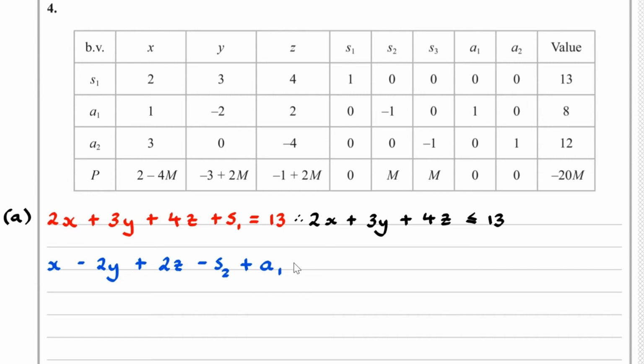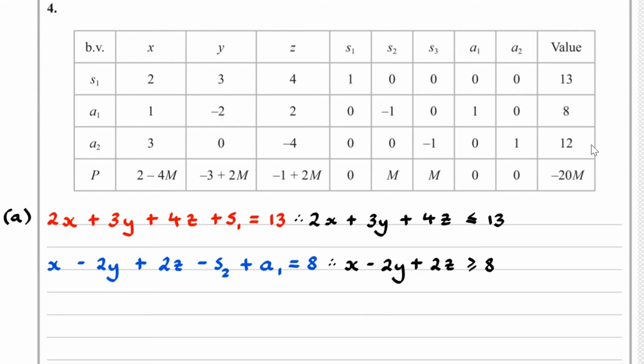The result of this is 8. Now because I'm subtracting a surplus and adding an artificial, this would imply I've got a greater than or equal to. So when I come to write my inequality, we've got x subtract 2y plus 2z is greater or equal than 8.